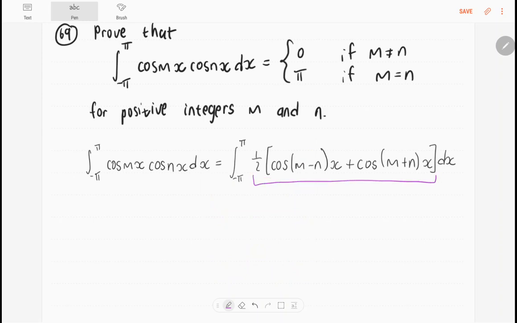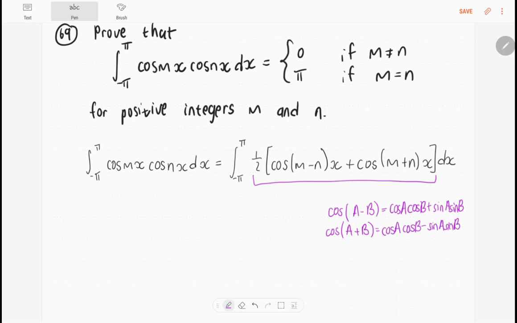Just a quick recap. Well, we know that cos of a minus b equals cos of a cos of b plus sin of a sin of b, and we know that cos of a plus b equals cos of a cos of b minus sin of a sin of b.